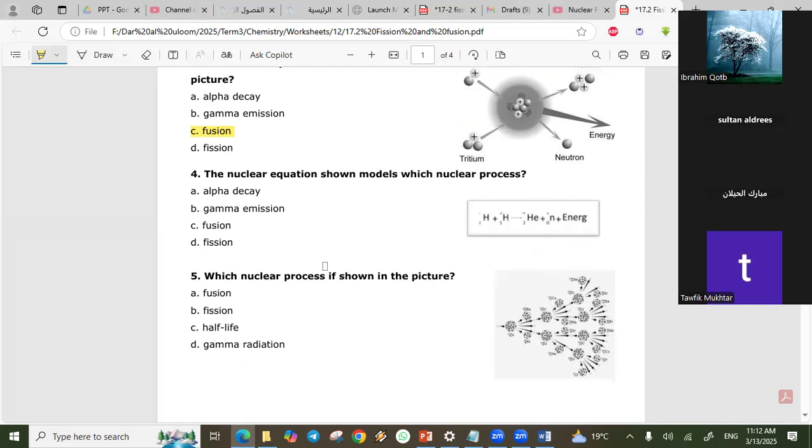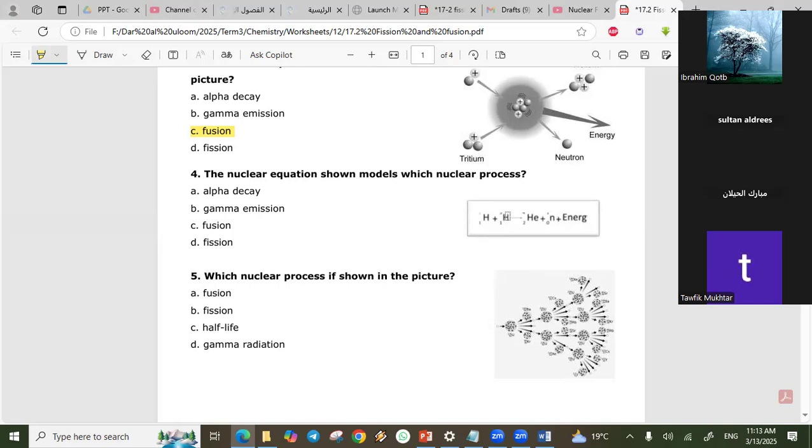Sultan, number 4. The nuclear equation shows a model of which nuclear process? He means this model. Fission.